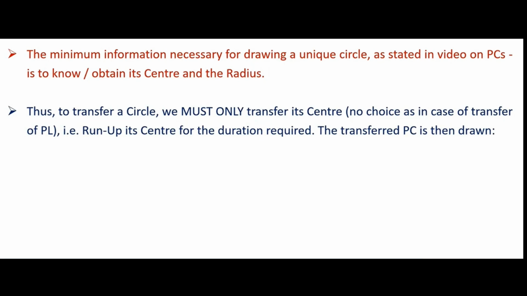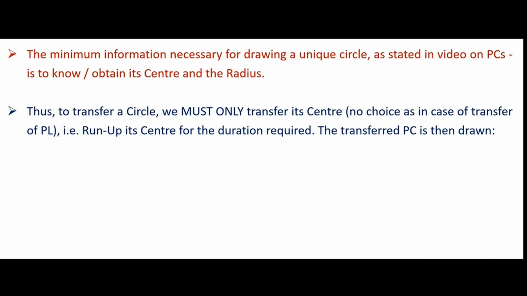Unlike the transfer of position lines, where we could have taken any point of our choice on the PL and run it up, in case of a position circle, we do not have a choice. I repeat, we have to transfer its center and only the center.